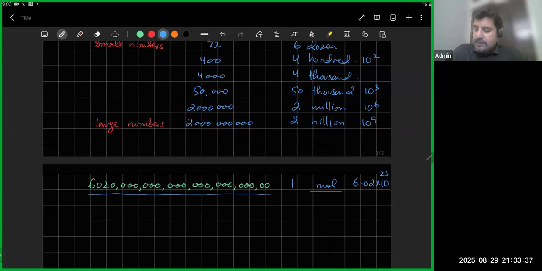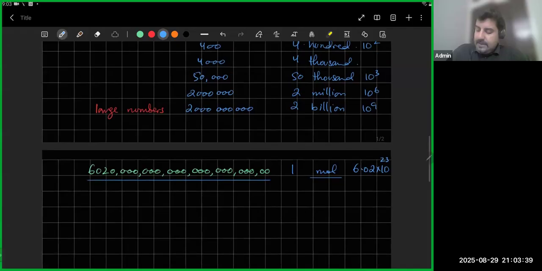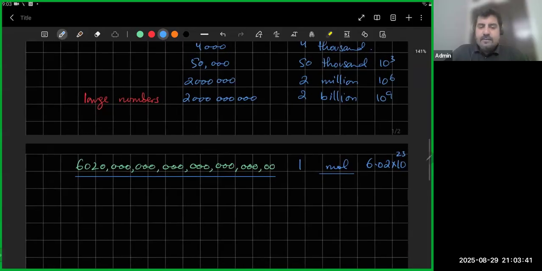And this is just 1 mole. This is equal to 1 mole. Okay? So 1 mole is not a huge quantity of atoms. So atoms and molecules are in very, very large numbers.